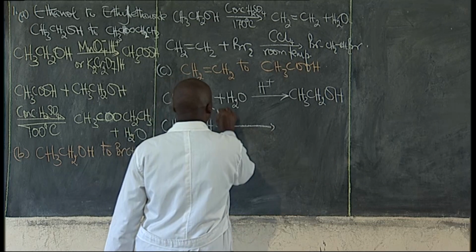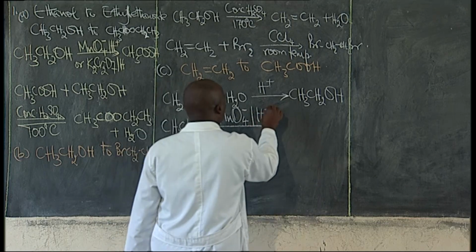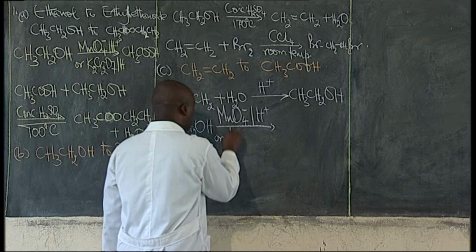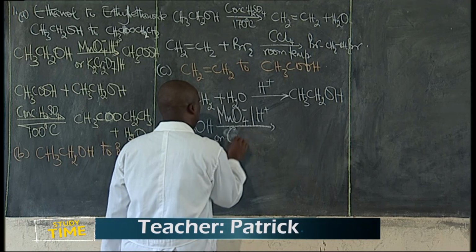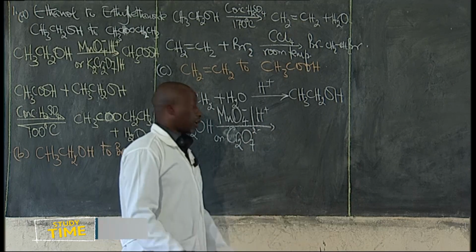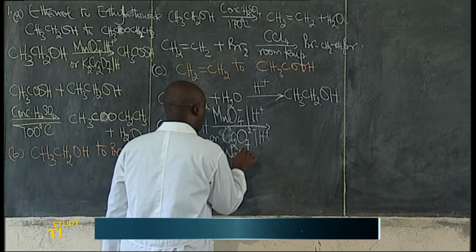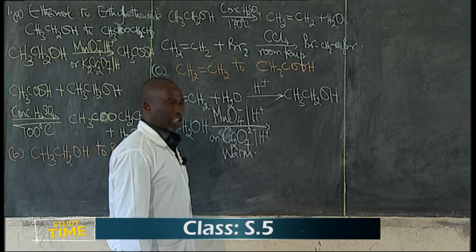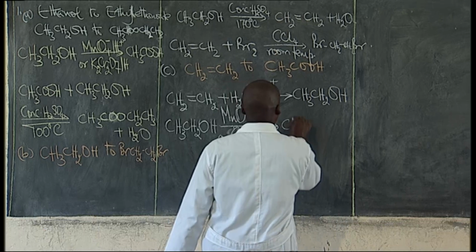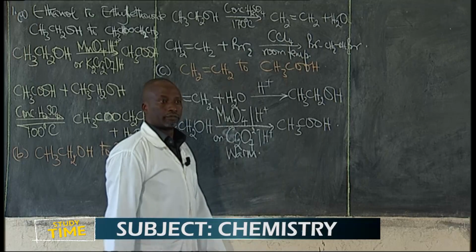So we are saying we are using potassium permanganate, the manganate ions provided by the potassium permanganate, or you are using the potassium dichromate, or the dichromate ions from the potassium dichromate in presence of acid and warm if necessary. But the reaction cannot even take place at room temperature. So this one will give us the carboxylic acid that is required. Good.